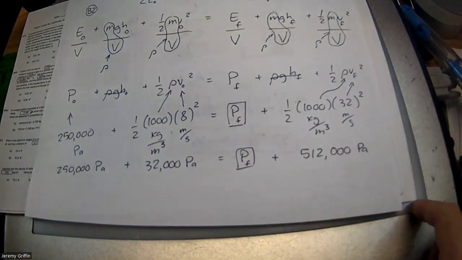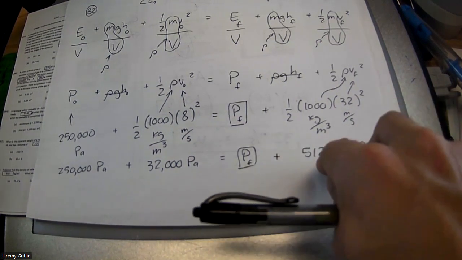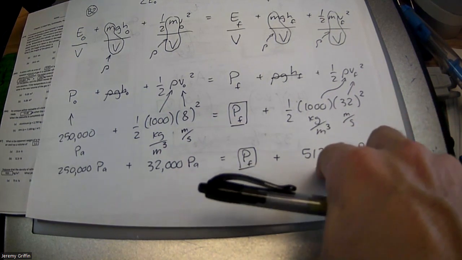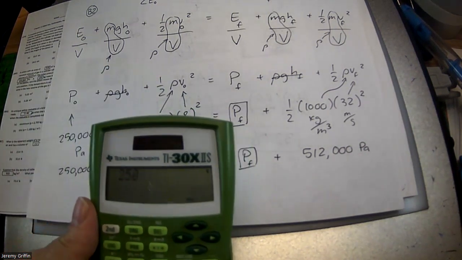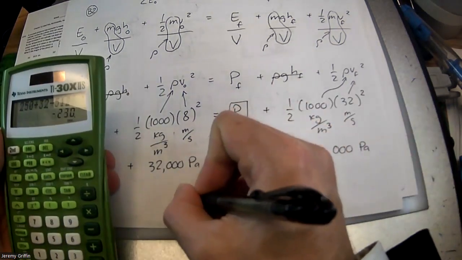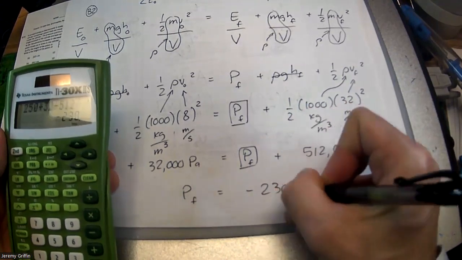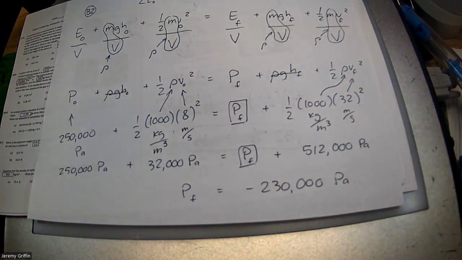And then, of course, last step would just be to take this final pressure units due to motion and subtract it over. So it's 250,000 plus 32,000 minus 512,000. Looking at final internal pressure, I'm getting a negative number of pascals. Hey, can pressure go negative?